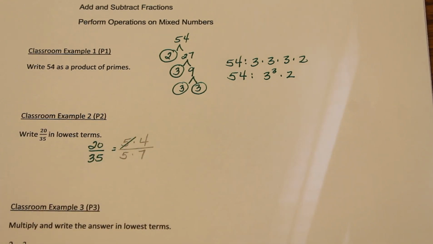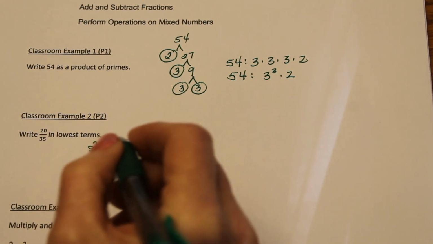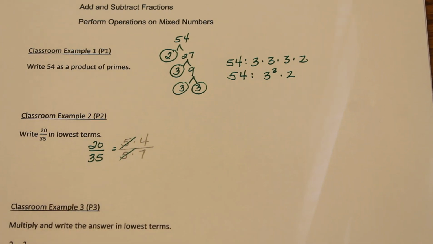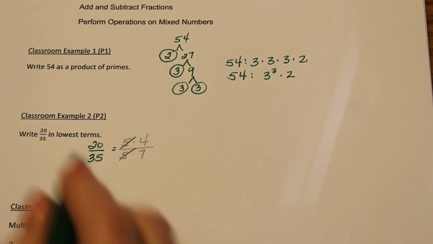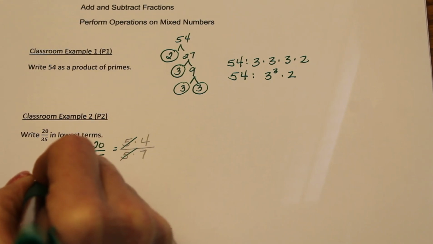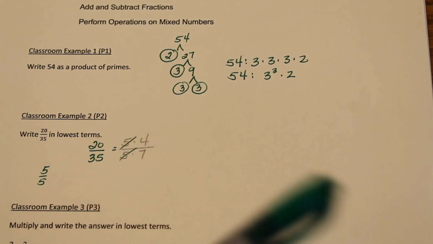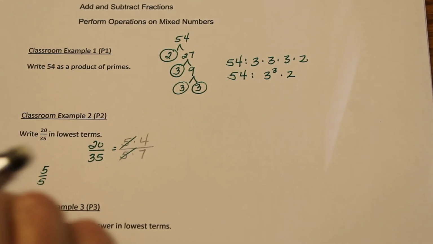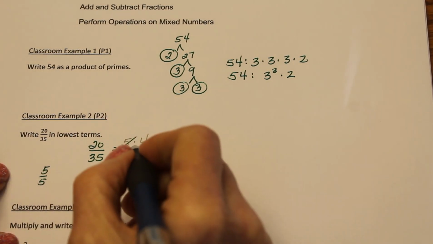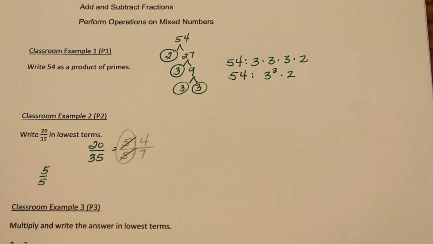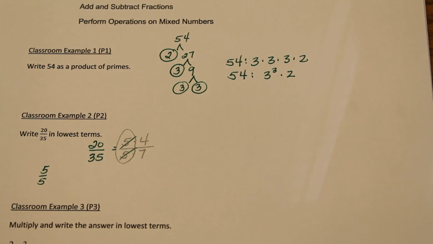We can cancel out or reduce, since we have a 5 in the numerator and a 5 in the denominator. We can factor out the 5 and reduce. Remember, any number over itself is equivalent to 1. So this 5 over 5, that's like 1. So that's like 1 times 4 over 7.